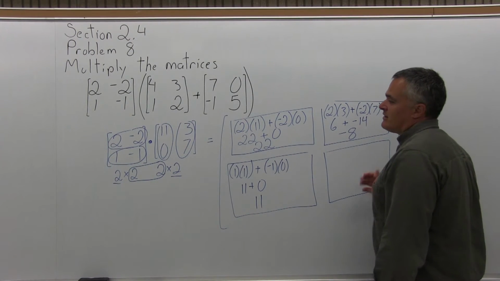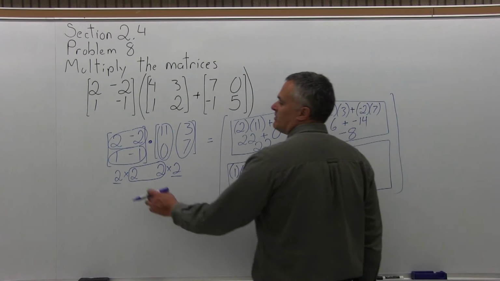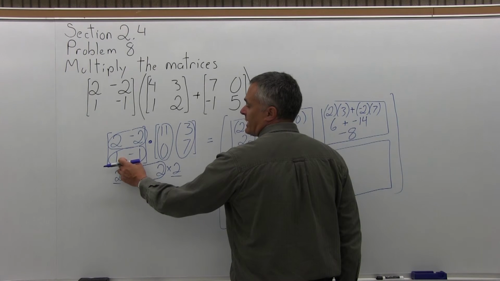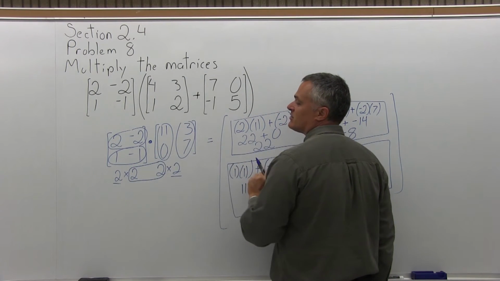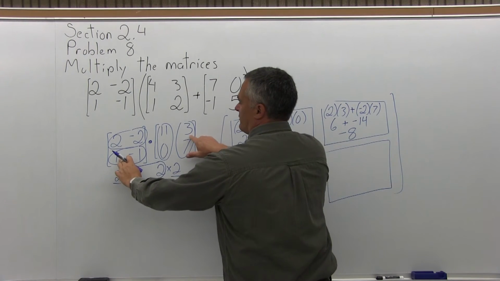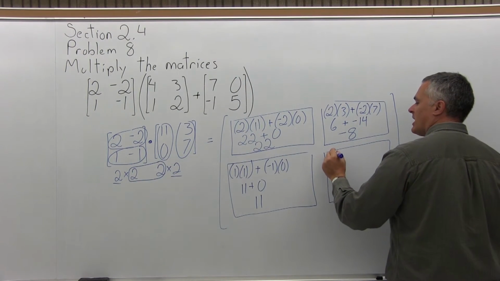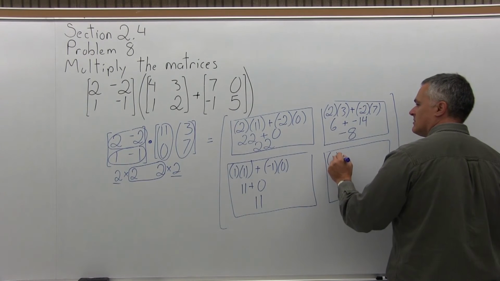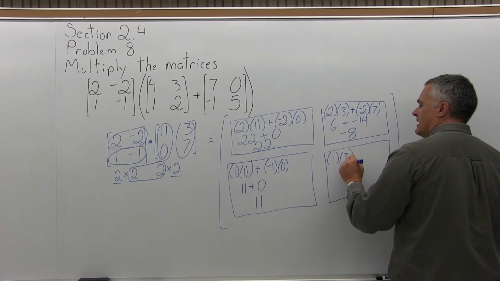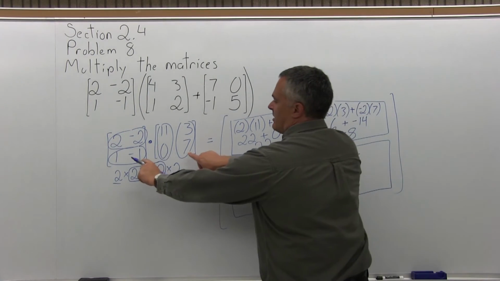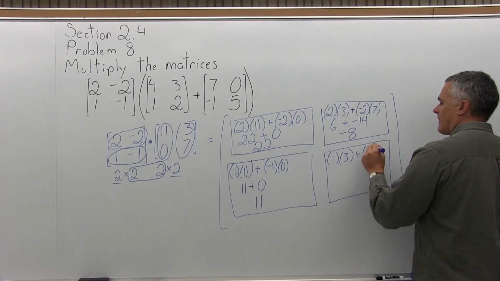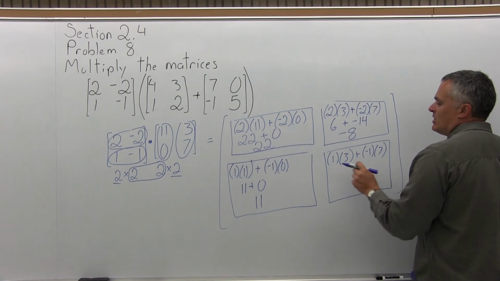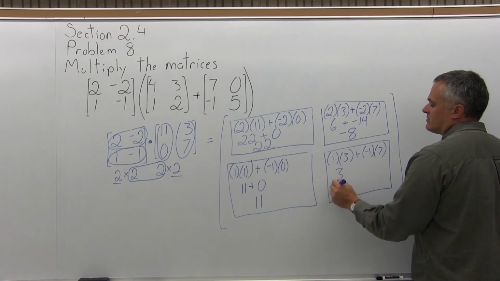So finally, the last box to fill in, I'm going to multiply the bottom row of the first matrix, 1, negative 1, times the second column of the second matrix, 3, 7. So when I multiply first times first, I'm going to multiply 1 times 3. And second times second, I'm going to multiply negative 1 times 7. So 1 times 3 is 3.